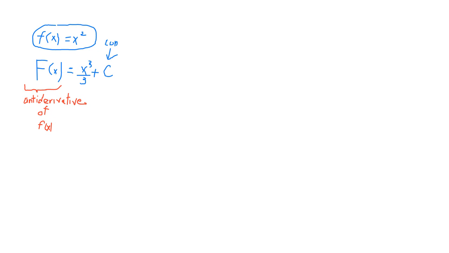It's also known as the constant of integration, but we won't get into that just yet. But you might wonder, well, why is the antiderivative of our function equal to x cubed over 3 plus a constant? Why is that? Well, let me show you why.